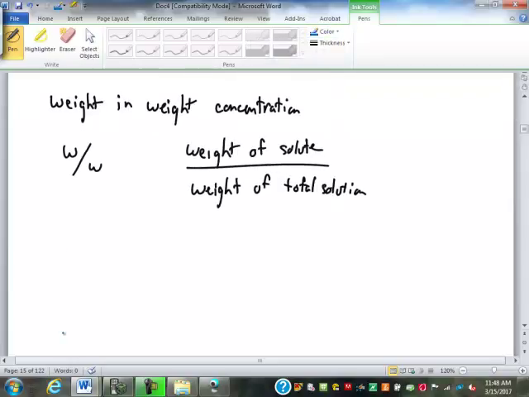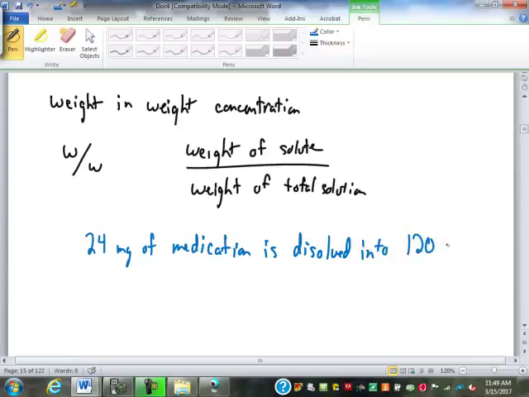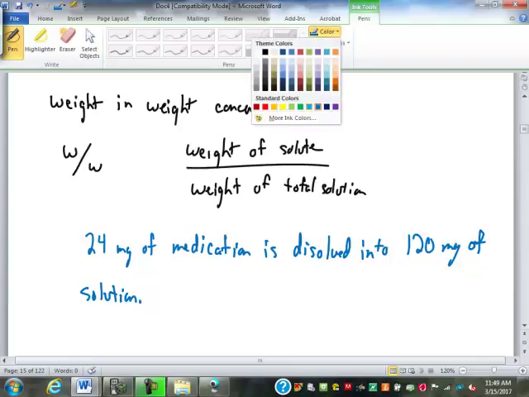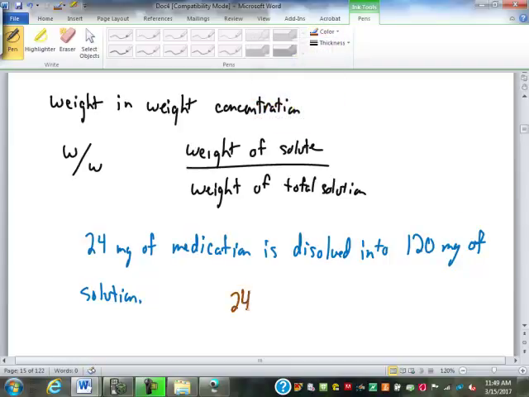So if we have 24 milligrams of medication dissolved into 120 milligrams of solution, the concentration there is going to be 24 milligrams, that's the medication, the solute or concentrate, over the 120 milligrams, the total solution.